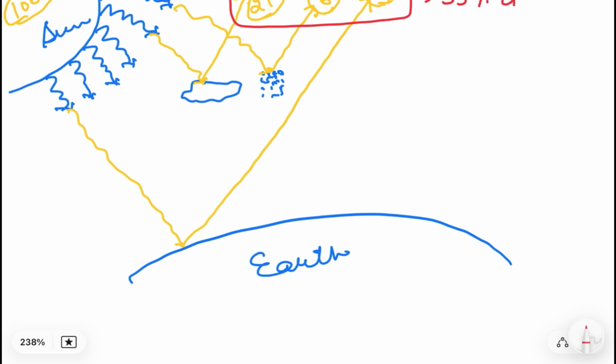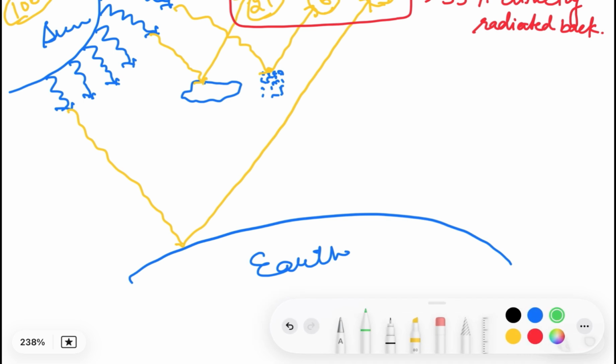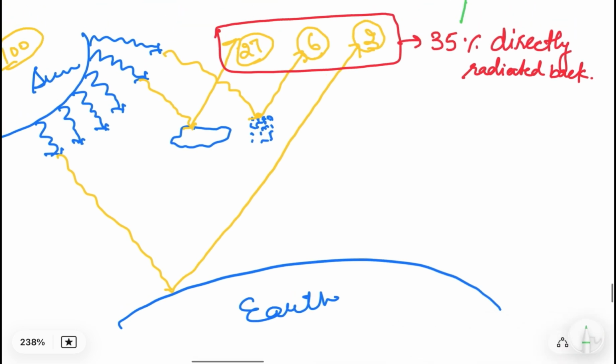35% is directly radiated back. So this is known as the albedo. The reflected amount of the radiation is known as the albedo. So this is the albedo of the earth.